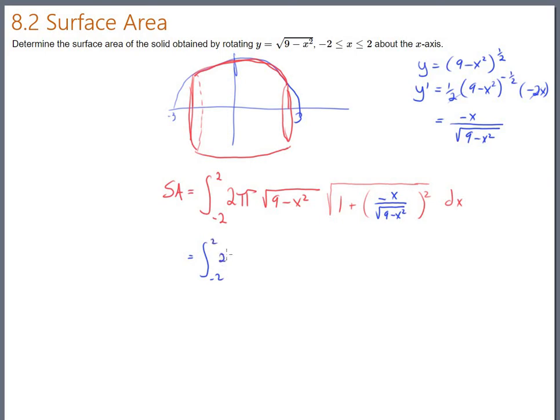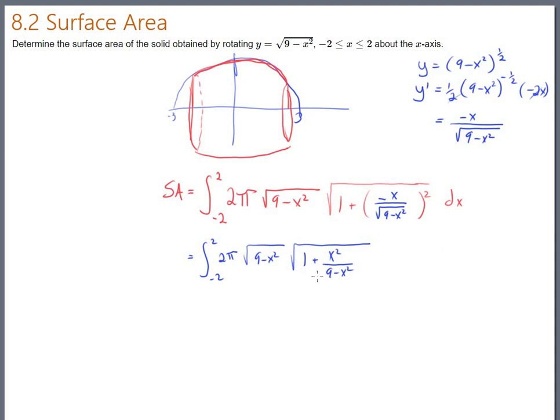Integral from negative 2 to 2 of 2 pi square root of 9 minus x squared. Inside the other square root, I've got 1 plus, and keep in mind when you square a fraction, you square the top and you square the bottom, so x squared over 9 minus x squared.